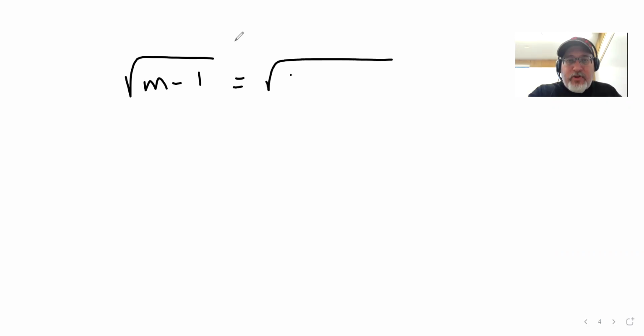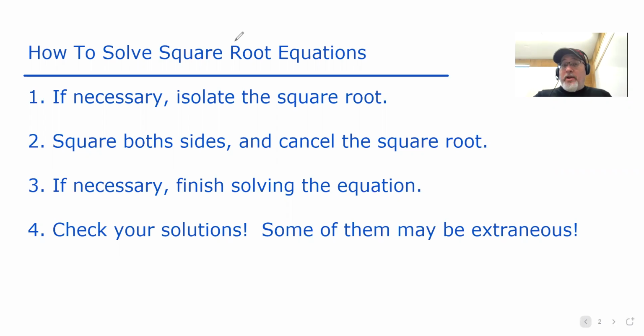Now, are we out of the woods yet? Ha! Hardly. We have the square root of m minus 1 equals the square root of 3m plus 1 minus 2. Remember, we already have a process for solving this, and we just did step 1. We isolated one of the square roots. So our next move is to square both sides.